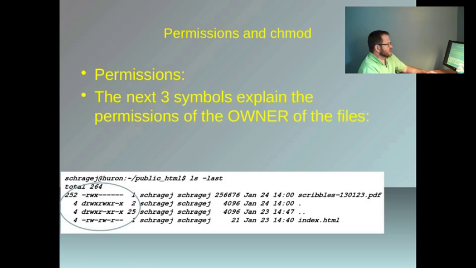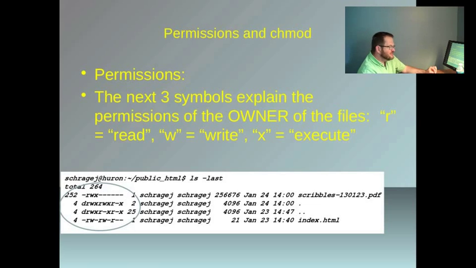That helps. Now the next three symbols describe the permissions of the owner of the file. I own these files. What are my permissions on them? Okay, so for example, if there's an R, it means I have permission to read the file. If there is a W, I have permission to write the file, make changes in it, like remove it or add things to it or whatever.